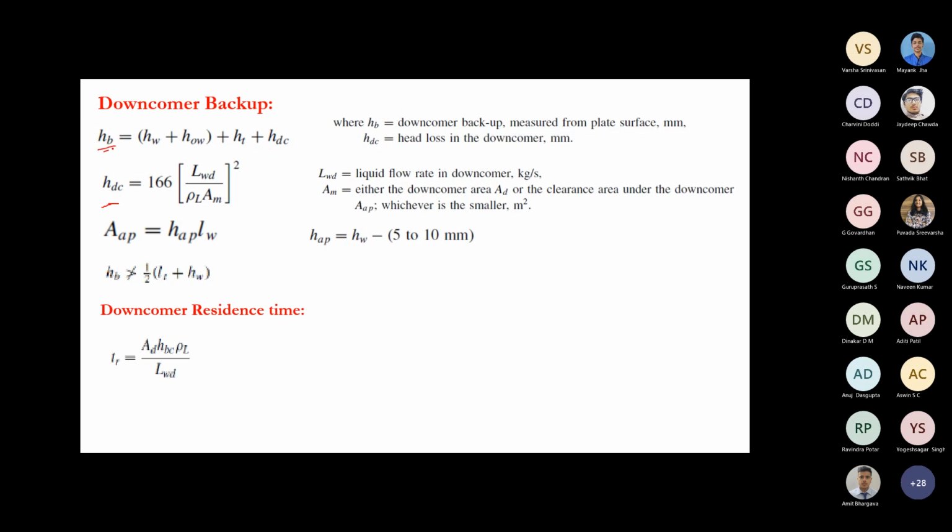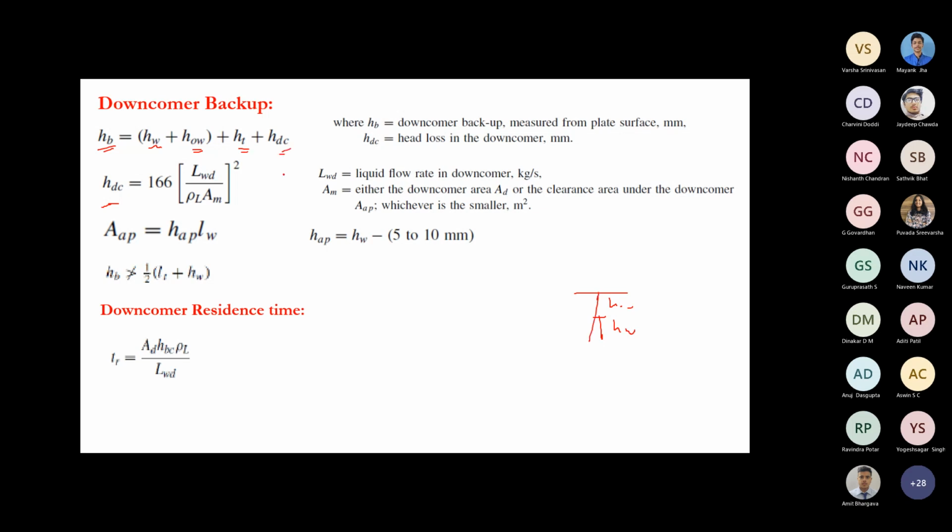So to calculate the HB, you need all this terminology. HW is the wear plate height. HOW is the amount of liquid crest over the wear plate. This HW, this HOW, the sum of these two is HT.